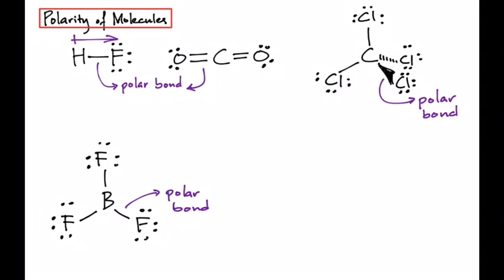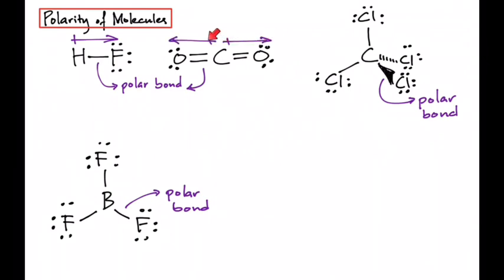Now, what about carbon dioxide? So we have a carbon to oxygen bond and another carbon to oxygen bond on the right. And so we know that this oxygen on the left is more electronegative than the carbon. And so we would draw a polar vector that's pointing towards oxygen. Okay.